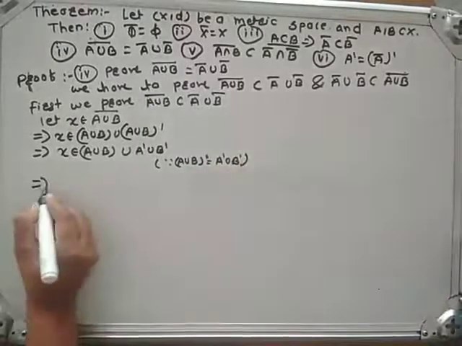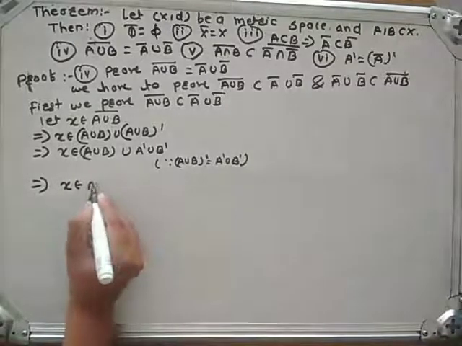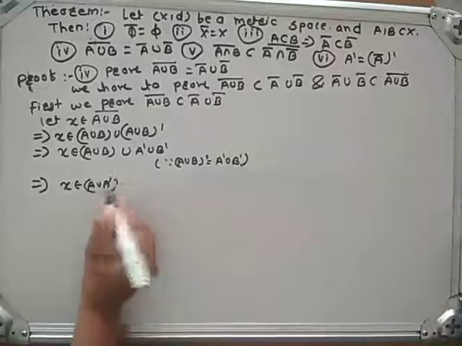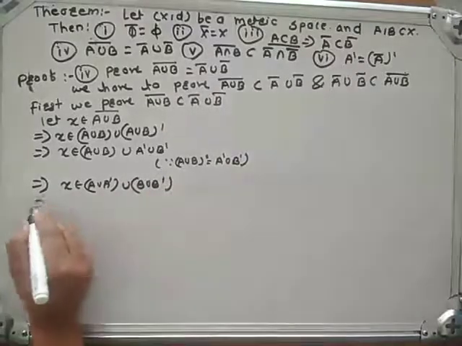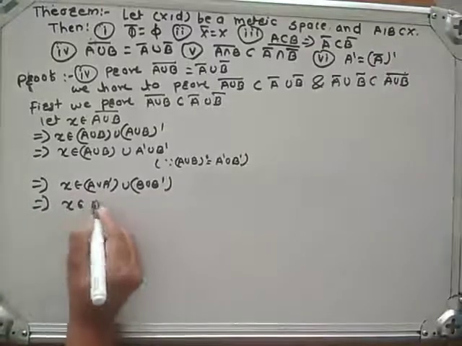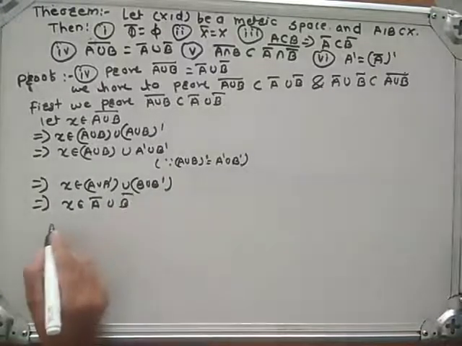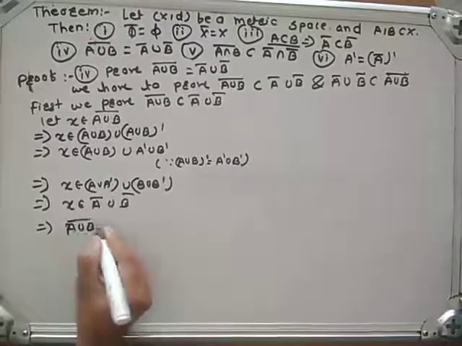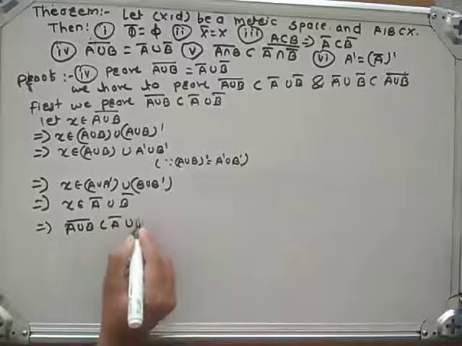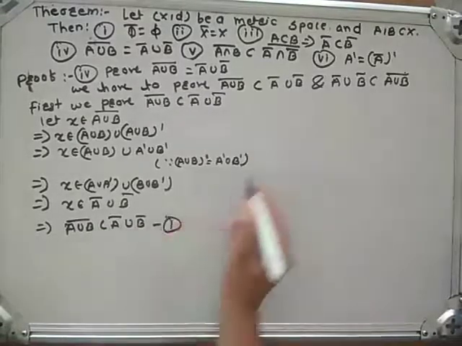That implies x belongs to A union A dash union B union B dash. That implies x belongs to A closure union B closure. That implies closure of A union B is a subset of A closure union B closure. Call this equation number 1.